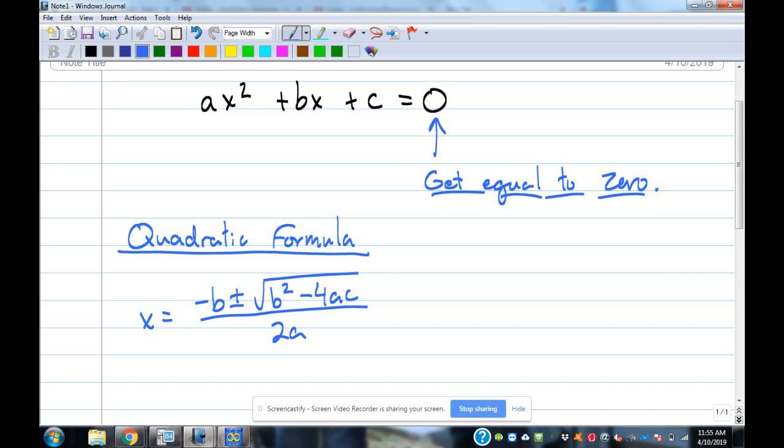So I do a very simple one because it's a melody that everybody knows: row, row, row your boat. Y'all remember that little tune? Row, row, row your boat gently down the stream. That melody is really easy to sing this song to. So we're going to sing the quadratic formula to that melody.